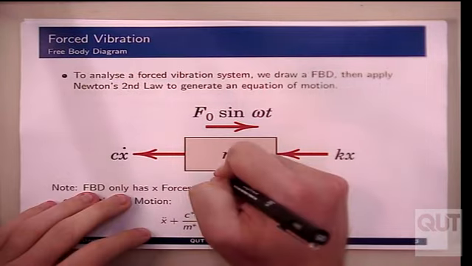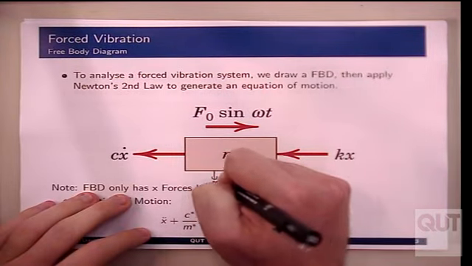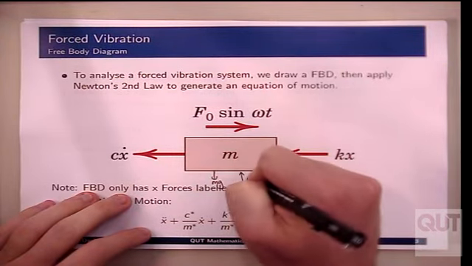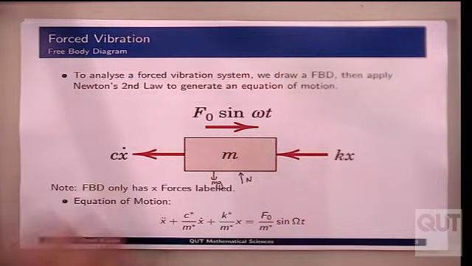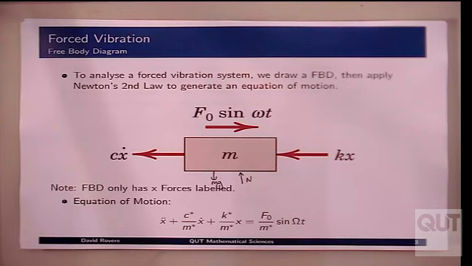So just note that there'll be a weight force acting down and a normal force acting up, obviously. Now, we know equilibrium is maintained in the y direction, so there's no need for us to do any calculations there. What we're interested in is the behavior in the x direction.